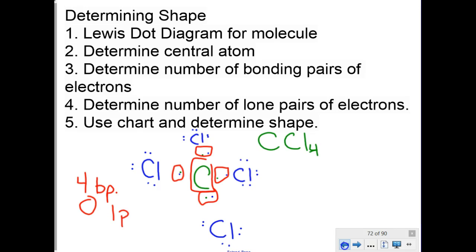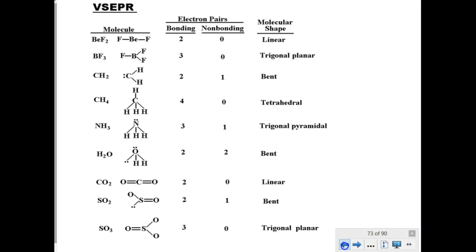Then you have your table, which is on the first side. You need to find the molecule that has 4 bonding pairs and 0 lone pairs.